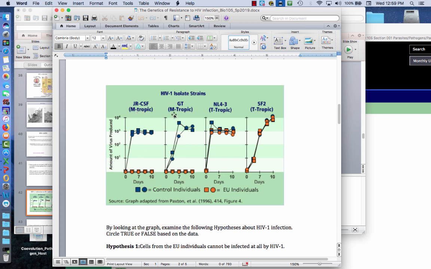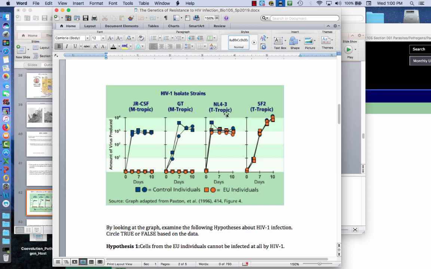However, if we mix these viruses with control individuals, immune cells from people that are not resistant to HIV infection, you see that yes, the virus attaches, it enters the cells, and new viruses are produced, all the way up to 10 to the third. And in this case, a little bit higher virus production. So something is going on: these viruses are not able to infect the EU macrophage.